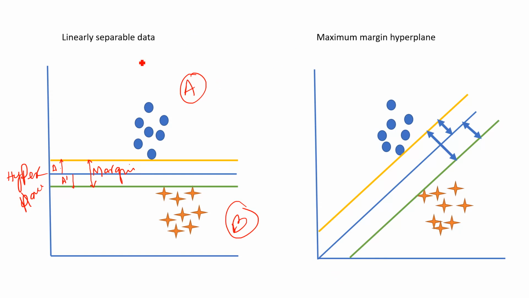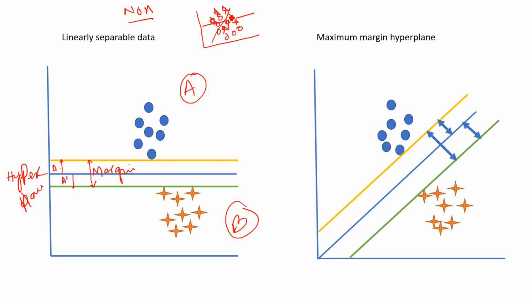Suppose this is the linearly separable data. I will show you non-linearly separable data, which we will discuss in our next lesson, but I will show you what the meaning of non-linearly is. See, this is linearly, this is non-linearly separable data. It means if I make my hyperplane like this, it cannot divide this data into two different classes. See, asterisk is here, circle is here.